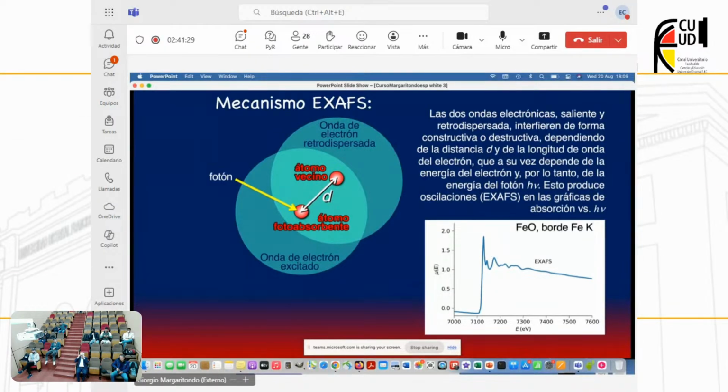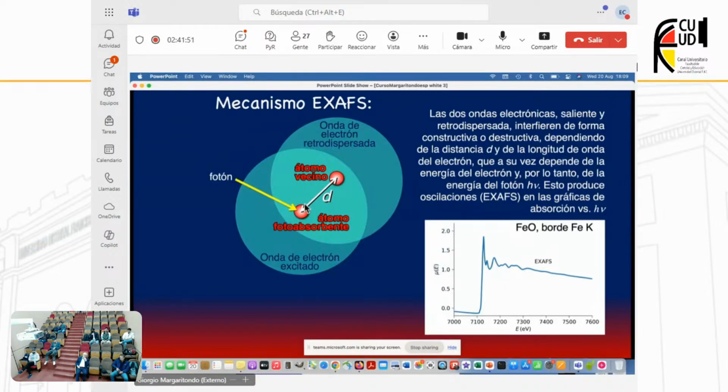And it is also related to the geometry, to this distance. So this gives rise to these oscillations that we call the EXAFS. From this constructive or destructive interference, we can get information about, for example, this distance.